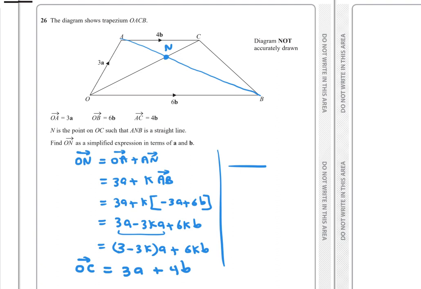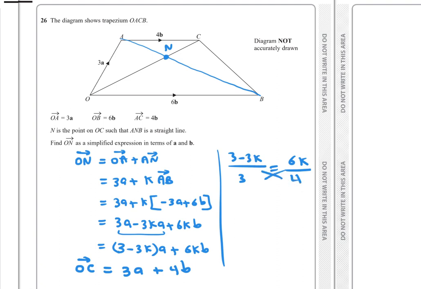So (3 minus 3k) over 3 equals 6k over 4. The coefficient of a by the coefficient of a equals the coefficient of b by the coefficient of b. Then cross multiply to find k.